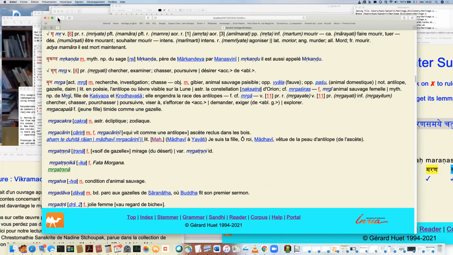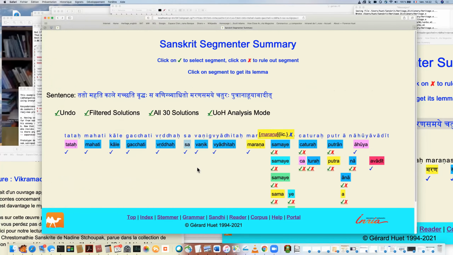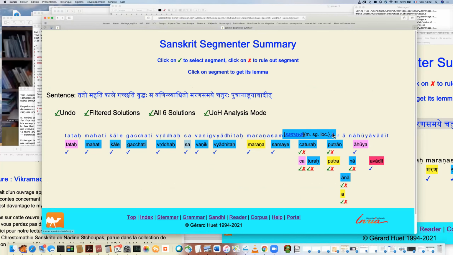So, Marana is death. And now we have a compound, Marana Samaye. This is saptami again, locative in time now. It means death coming, and so he is on his deathbed. The time of dying has come.